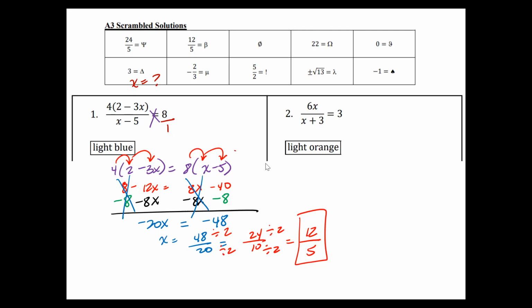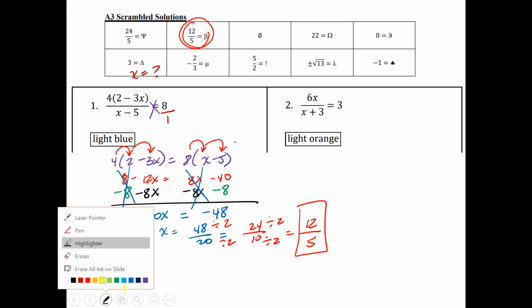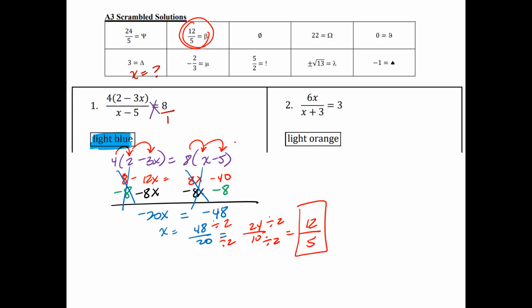Okay, so 12 over 5 is going to be right over here. So anytime you see the symbol beta, you're going to color it light blue. Okay, so on your answer sheet, which is that grid, you're going to color anything with a beta light blue.